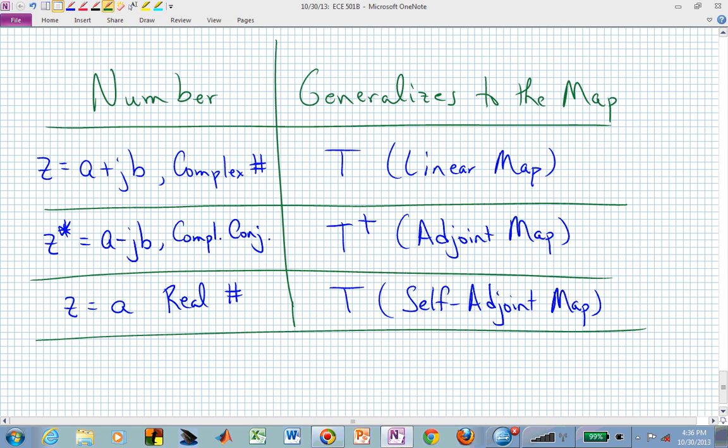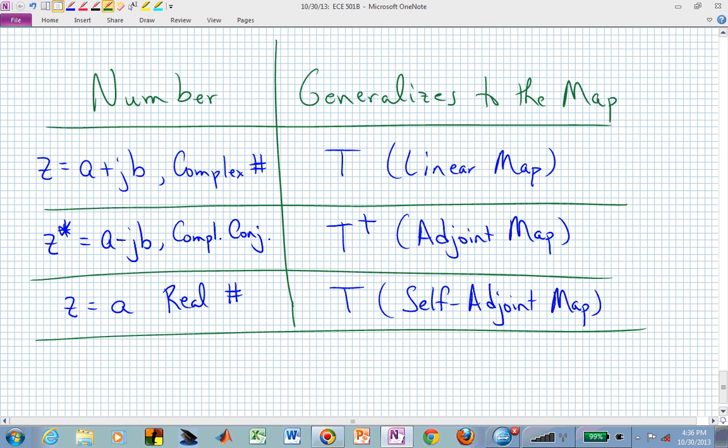And so these are the simplifications that you can keep in mind when somebody starts talking about a linear map, the adjoint of that linear map, and maybe that map is self-adjoint. Keep that in mind when we're working through Chapter 7.